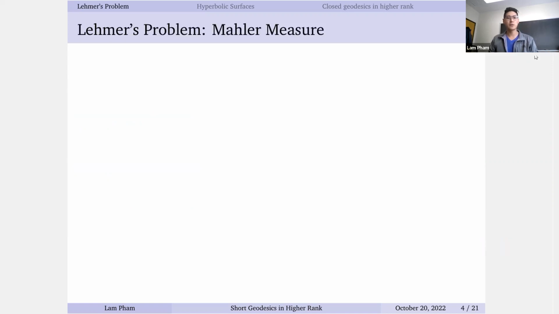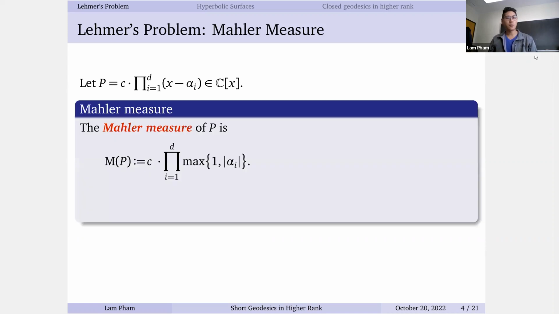So I will first introduce the Mahler measure of polynomials. P is a complex polynomial, has alpha_1 through alpha_d as the complex roots and the leading coefficient c, and we define the Mahler measure of the polynomial P to be the product of the absolute values of the roots that have absolute value greater than 1, times the leading coefficient.